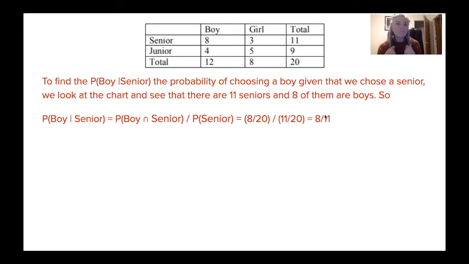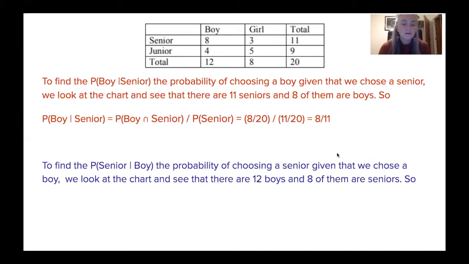On the AP exam, you need to show either this formula or this division of probabilities. If you just do 8 out of 11, you only get partial credit. So make sure you do 8 out of 20 divided by 11 out of 20, and then reduce that down to 8 out of 11. Pretty simple.